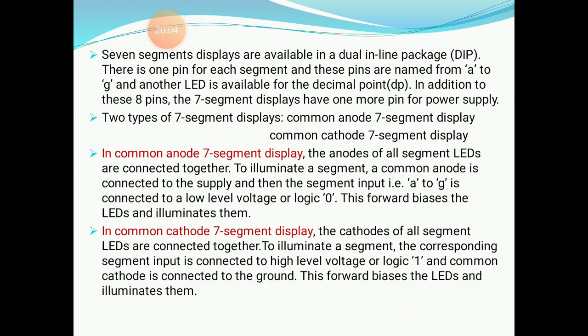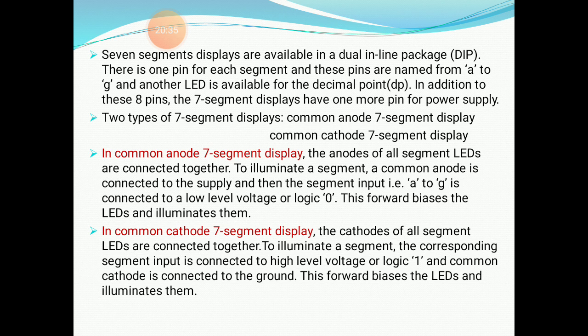The common anode is connected to the power supply, and the segment inputs, that is A to G, are connected to logic 0 or low level voltage. This biases the LED and illuminates the particular segment. That is, the LED consists of two terminals, anode and cathode. Anode is positive and cathode is negative.